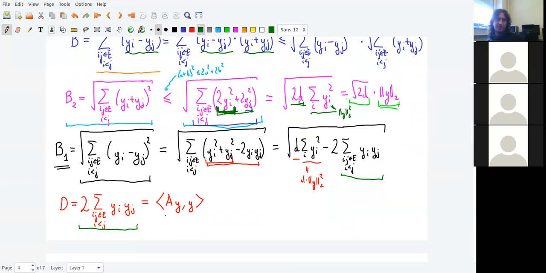This is nothing else than A applied to Y, scalar product Y. And we have seen this a lot before, because this is the same as Y transpose AY, which is the sum of Aij, the entries of matrix A, times Yi, Yj. Observe that every edge is actually counted twice, once for the one entry, once for the other.